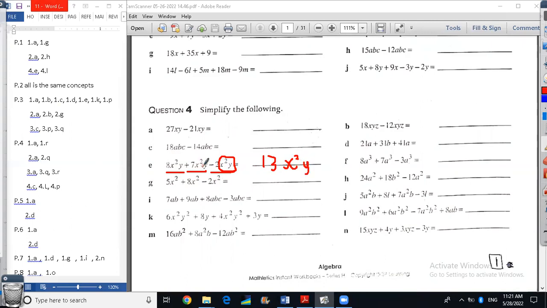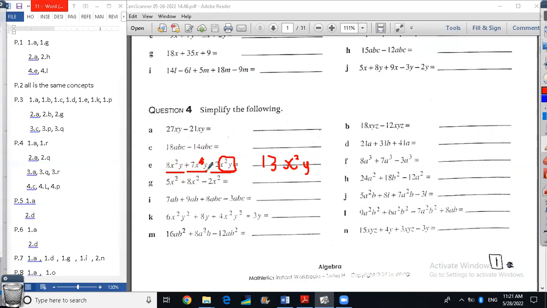Mr., what if I changed one of them? Like, for example, imagine that this is only x, 7xy. Can I do 8x squared y plus 7xy? No, we can't. Why? Because the variable here changed. They do not have the same variables exactly. This is 8x squared y. This is 7xy.